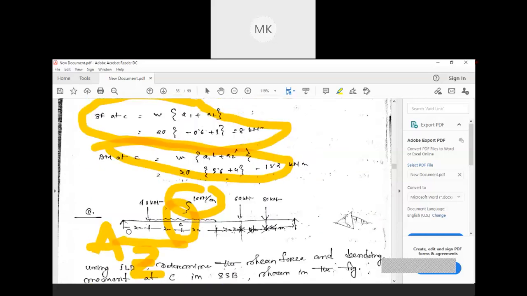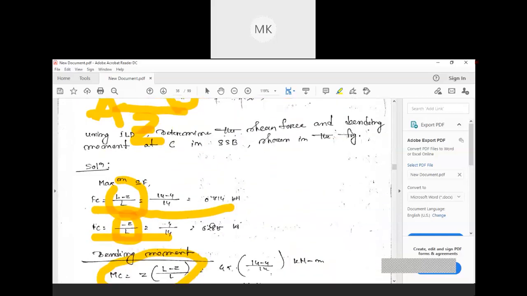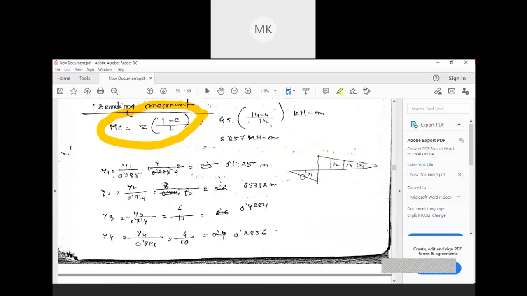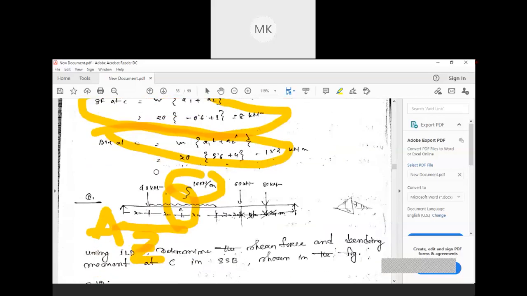Here you see there are 3 point loads, 1, 2, 3. For this there will be 3 ordinates, but for this UDL also there will be ordinates. Here you see Y1, Y2, Y3, Y4. We need to consider the starting and the ending point of this UDL.